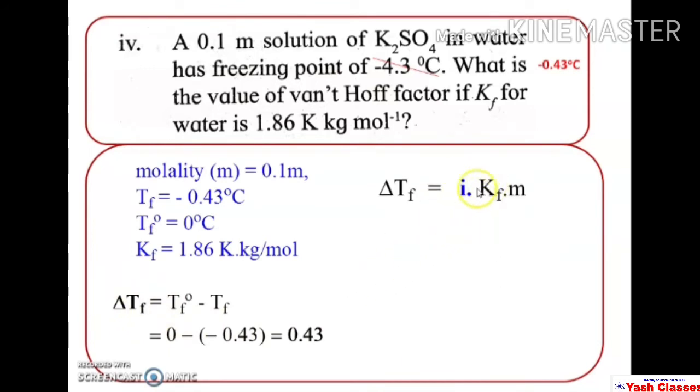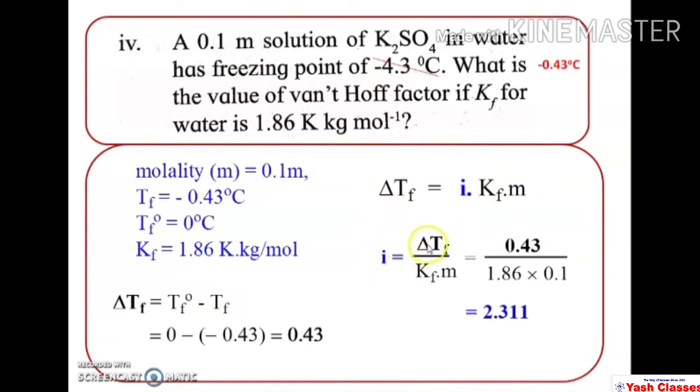Now for electrolytic solution, we can write delta TF is equal to i into Kf into m, where i is the van't Hoff factor. When we rearrange this, i is equal to delta TF upon Kf into m. Just we substitute the values.